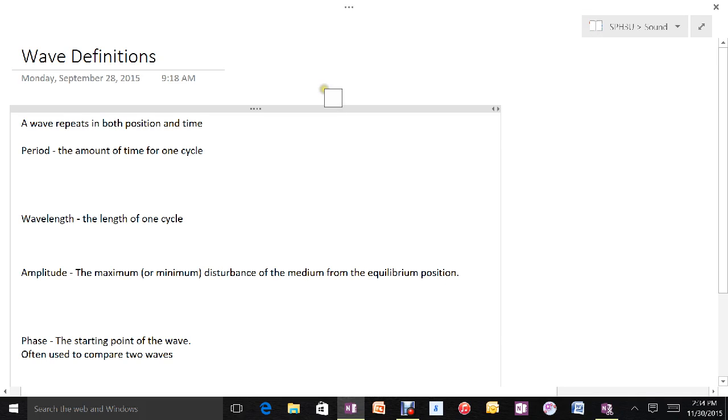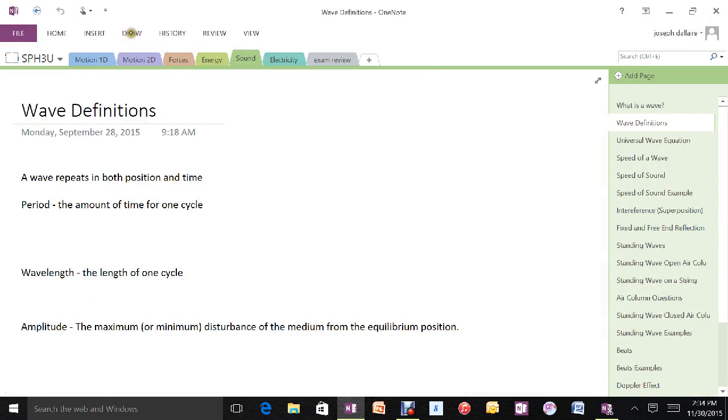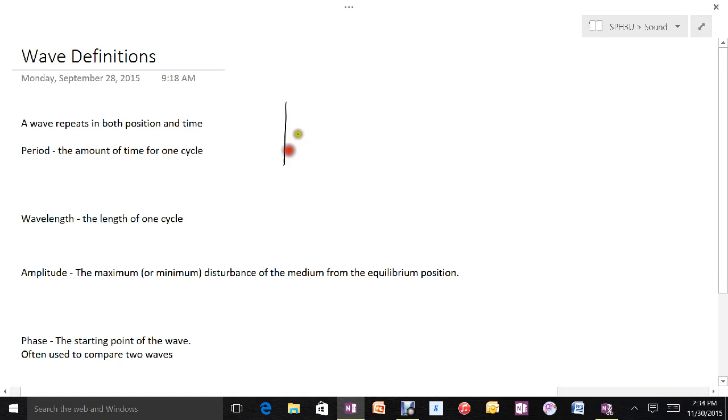That means if you were to draw a wave, and I'll just use the normal sinusoidal function to represent my wave, then for the disturbance in the medium, or the y-axis here, we could have a whole bunch of different things depending on the kind of wave we're dealing with.